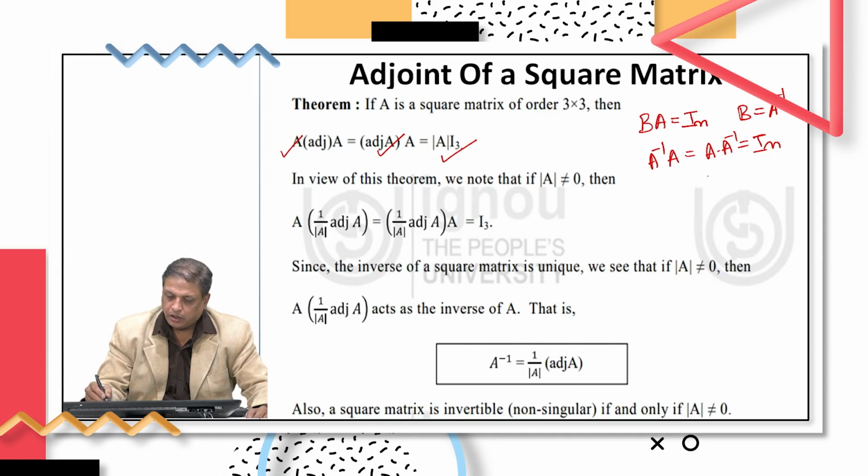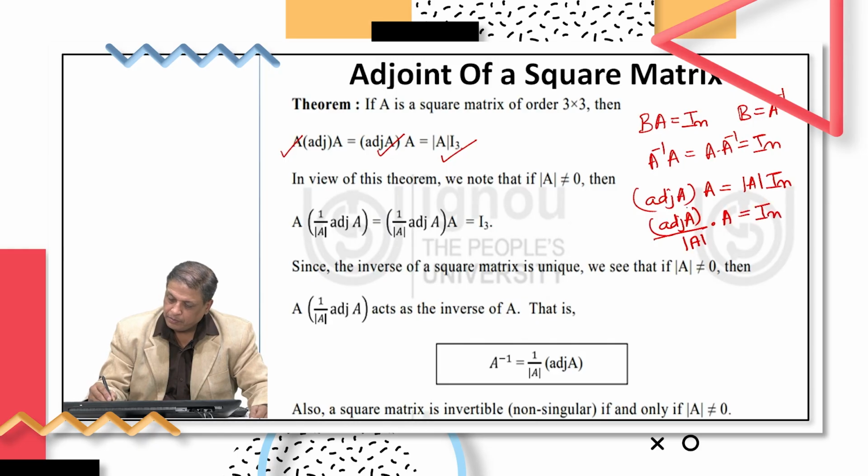So we can write the expression adjoint of A into A is equal to determinant of A into the identity matrix as adjoint of A upon determinant of A, into A, is equal to the identity matrix. This implies this value is nothing but A inverse. So A inverse is adjoint of A upon determinant of A.